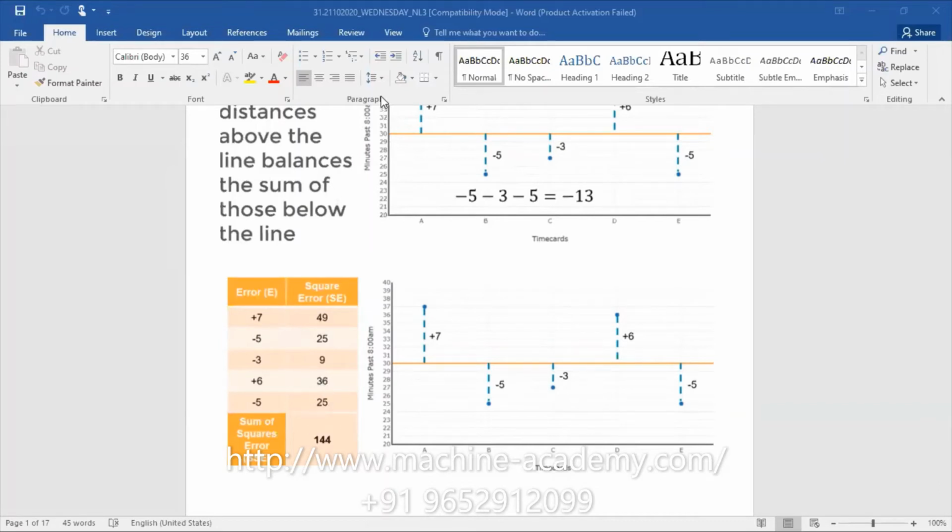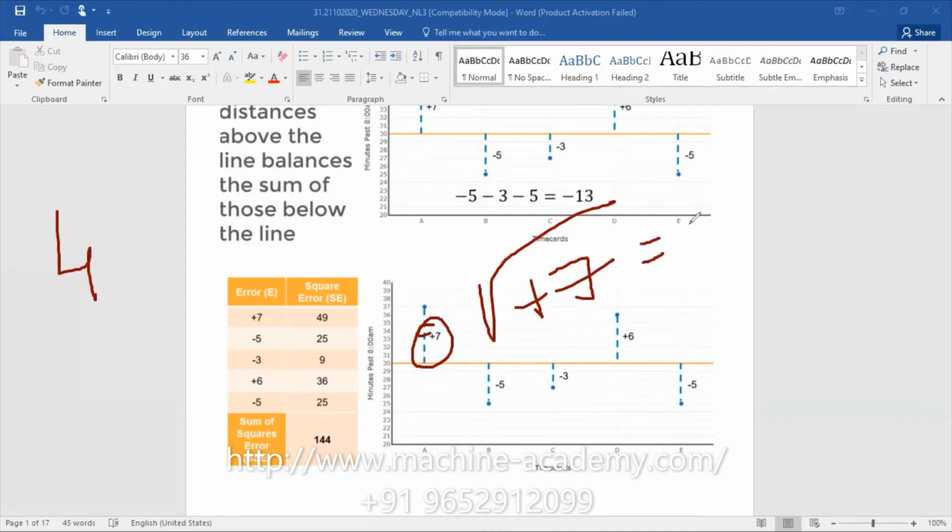Observe carefully here. I got an error of something like plus 7. Now, root of plus 7, you will get some value. Did you get it? Whenever root of plus 7, you're getting some value. I'm saying roughly, it is not an exact value. 2.67 or something. I'm saying that 2.67 means plus 7 value is more compared to 2.67.